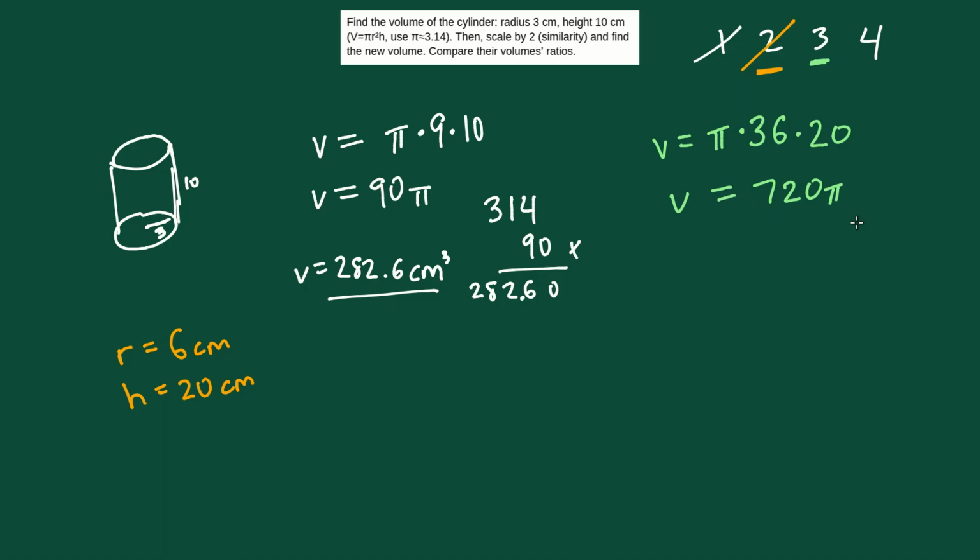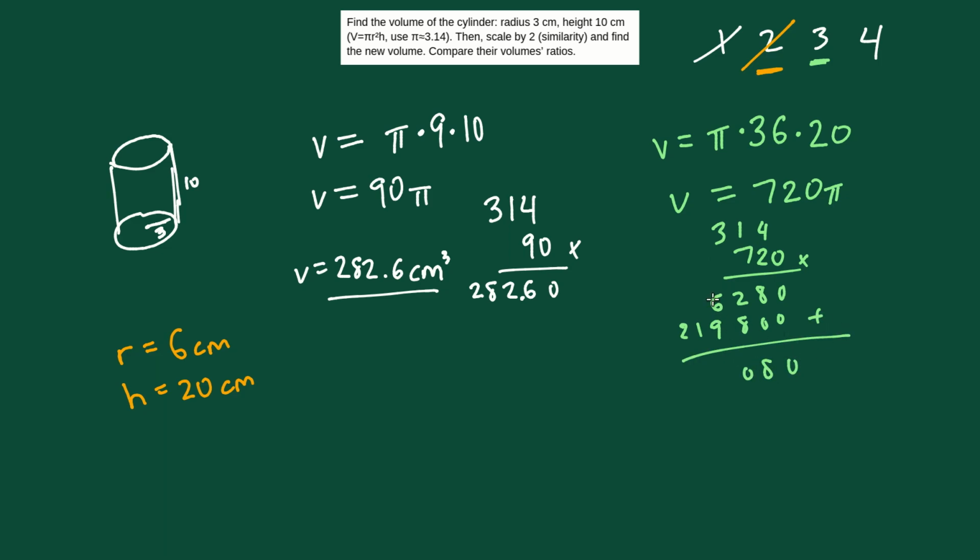And now we need to multiply 720 times 314. So this is going to be a little bit tricky again. Not tricky, but a couple of steps. So here's a 0. 2 times 4, 2 times 1, 2 times 3. 7 times 4 is 28, carry the 2. 7 times 1 plus 2. 7 times 3, 21.